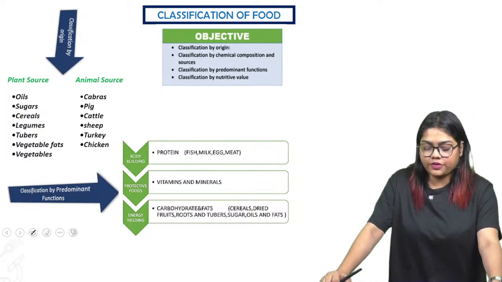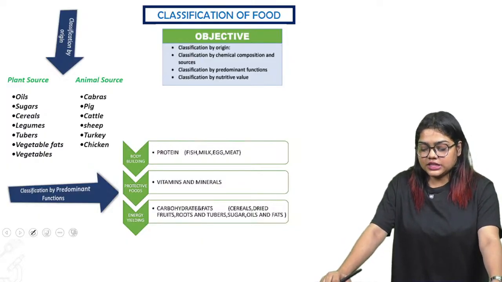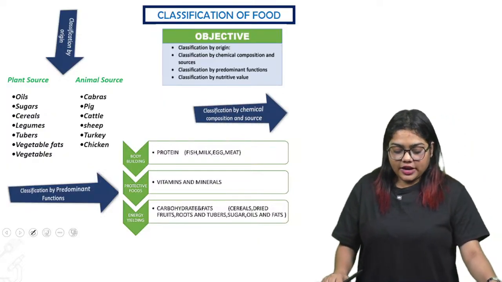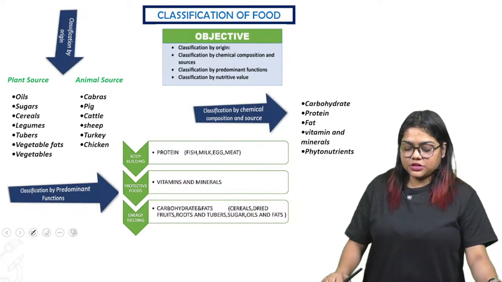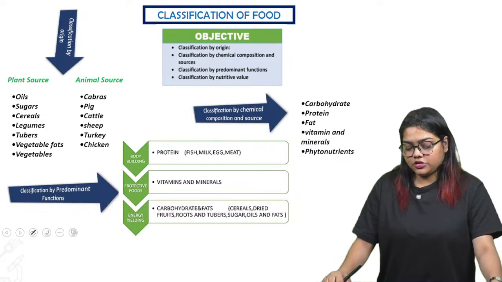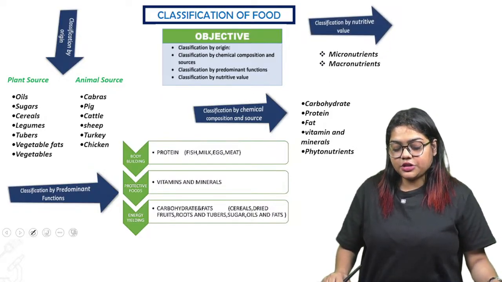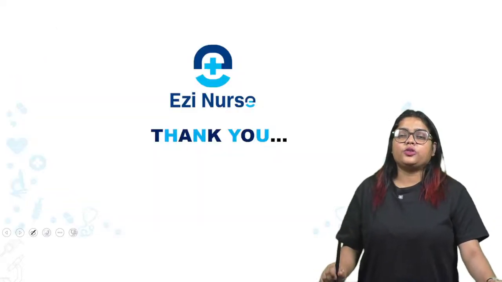The protective foods are vitamins and minerals. Energy yielding foods are carbohydrate, cereals, dried food, roots, tubers, sugars, oils and fat. The classification by chemical composition and source are carbohydrate, protein, fat, vitamins, minerals and phytonutrients, okay. So these are the classification of food. And classification by nutritive value will be micronutrient and macronutrient, okay.